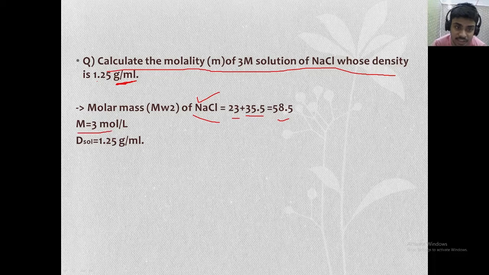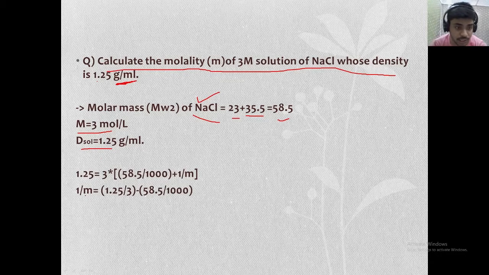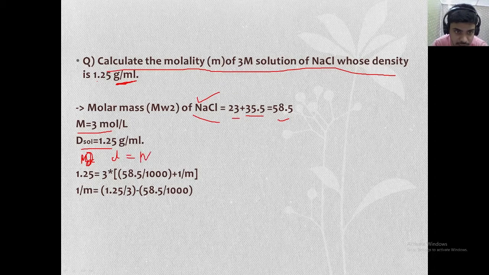Molarity is given as 3, and density of the solution is given as 1.25. Use this formula if you can remember: density equals molarity into molecular weight of the solute by 1000 plus 1 by m.